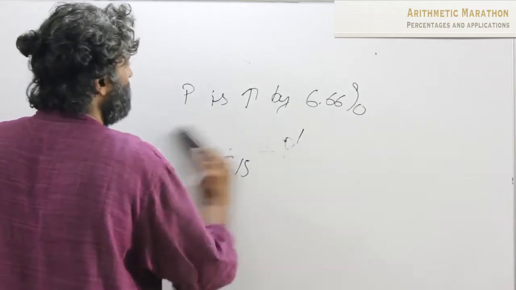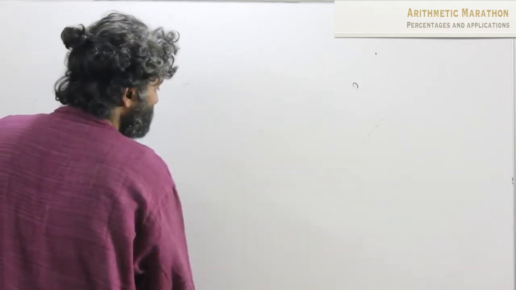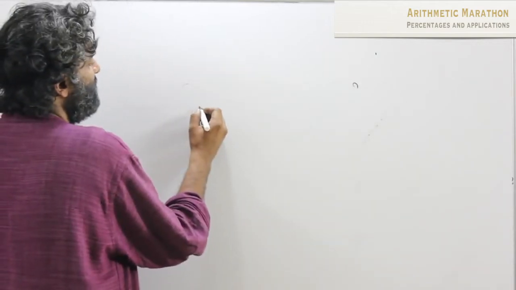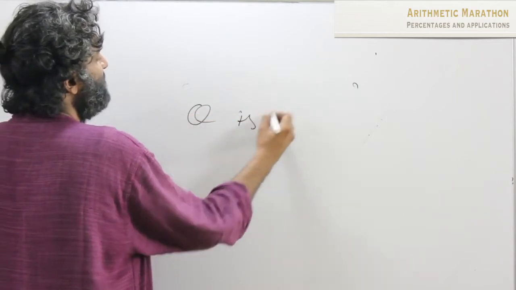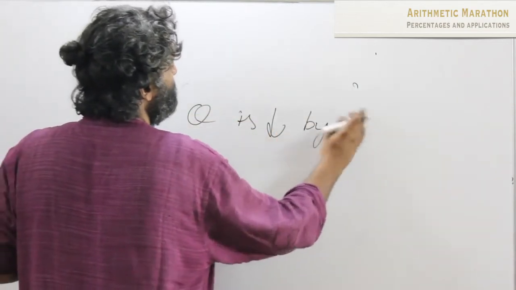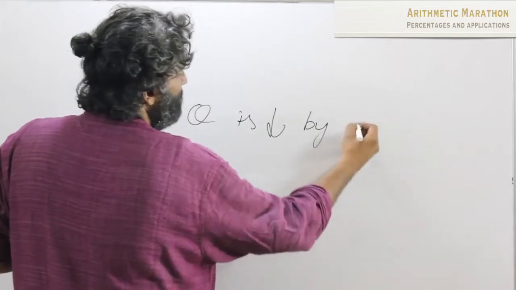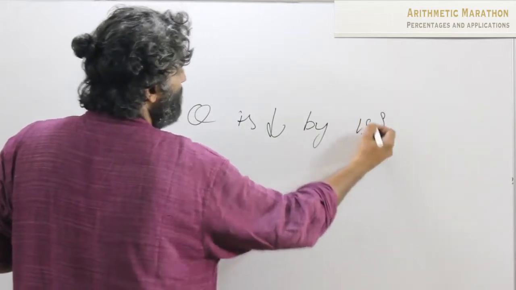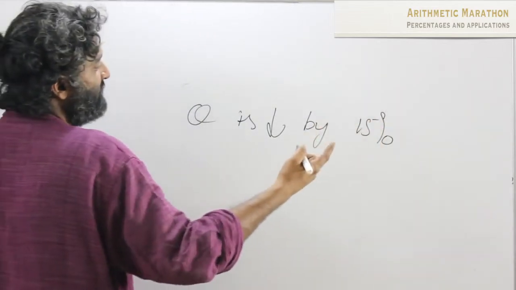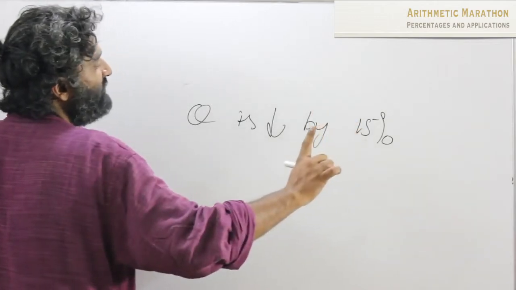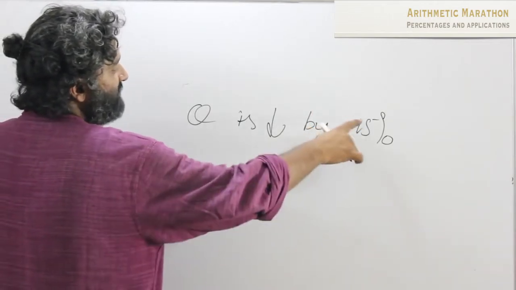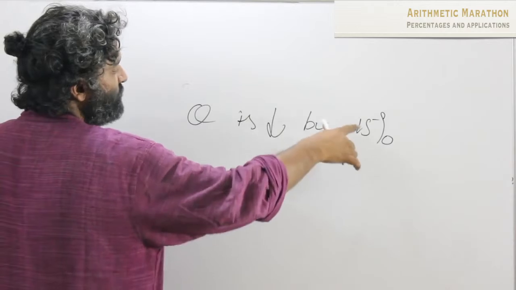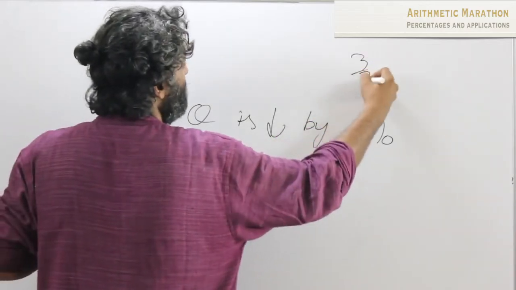Same, a couple of backward calculations, for subtraction. Let's say Q is decreased by 15%, okay? Now for 15% you don't have a direct fraction, but you know 1 by 20 is 5%, and 15 is 3 times 5, so 15% would be 3 by 20.